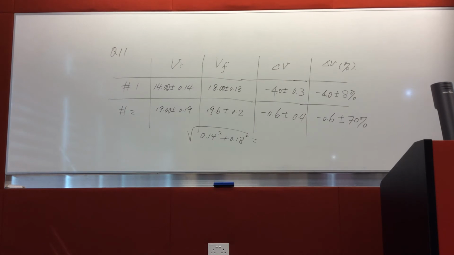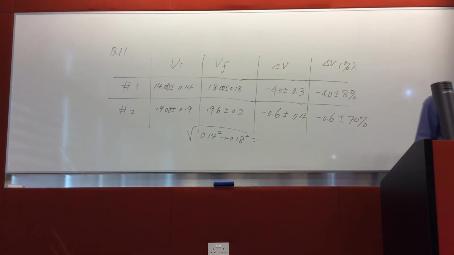Okay, let's look at question 13. The calculator gives you an answer, and you know x has a fractional uncertainty of 2%.